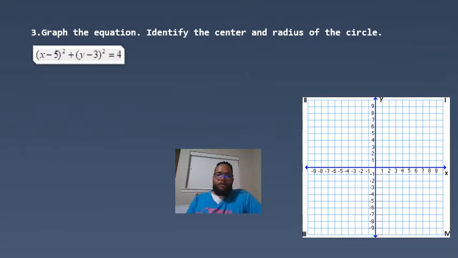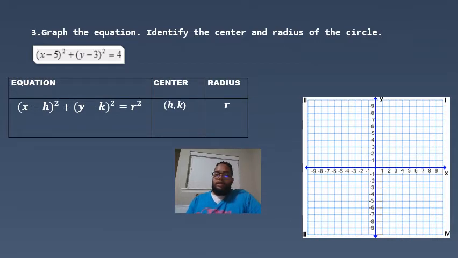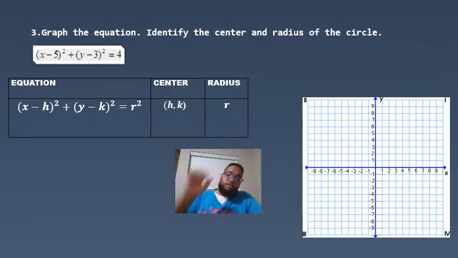For a third example, we have (x minus 5) squared plus (y minus 3) squared equals 4. So I'm going to put the equation up for you again and see if you can graph and identify the center and radius. Ready, set, pause. All right, hopefully you've done it.